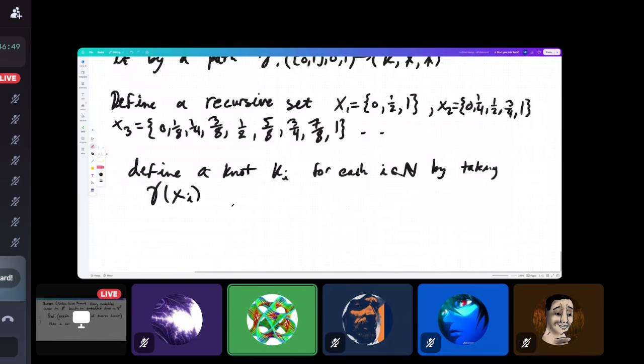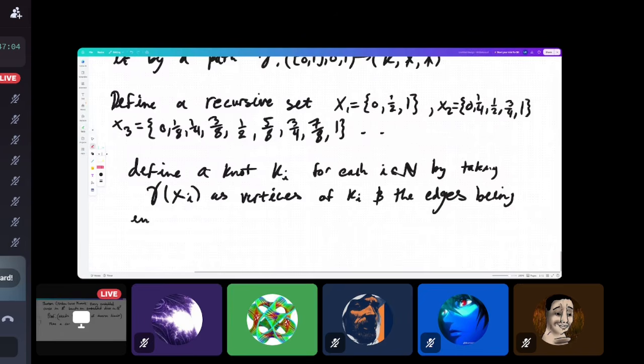So taking all these vertices, or we're going to write these as vertices of Ki, and the edges being interpolated.